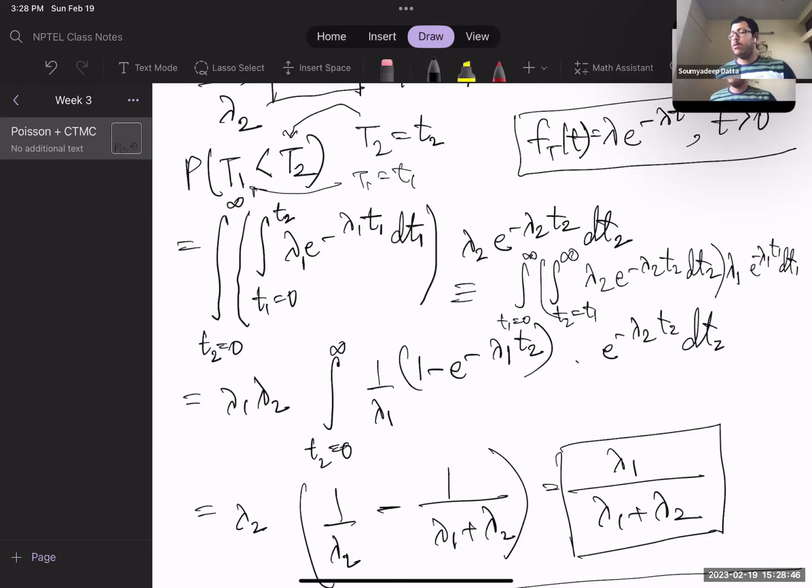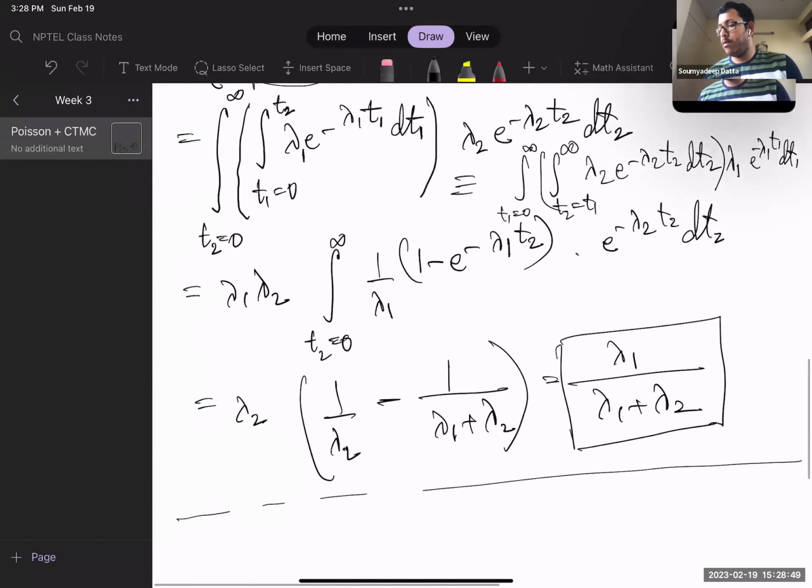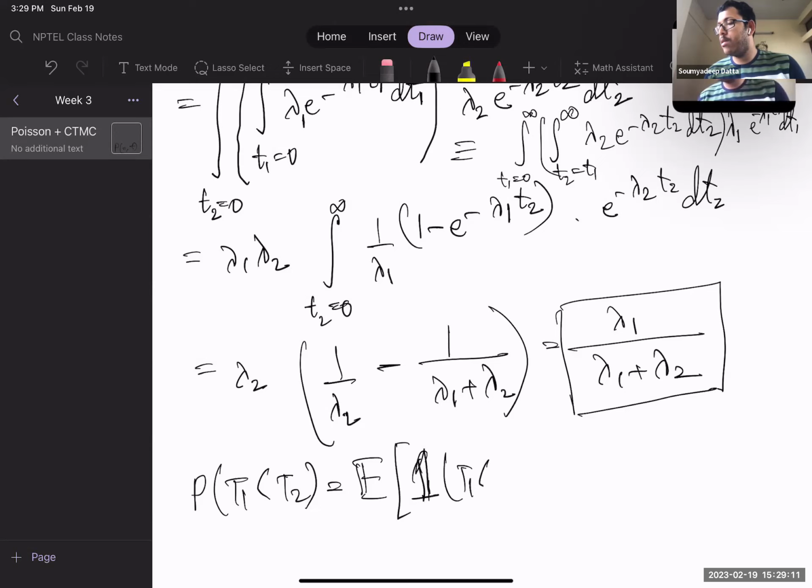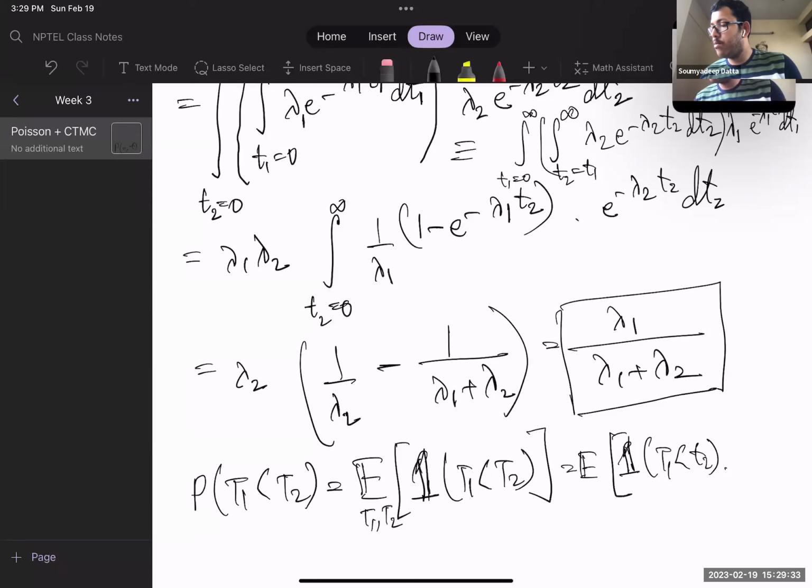More formally speaking, if I have to do it mathematically, probability T1 less than T2 is nothing but the expectation of the identity function that T1 is less than T2. Here I'm taking expectation over both T1 and T2. Now I'll do an iterated expectation.